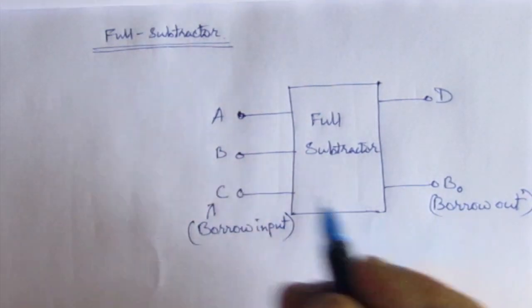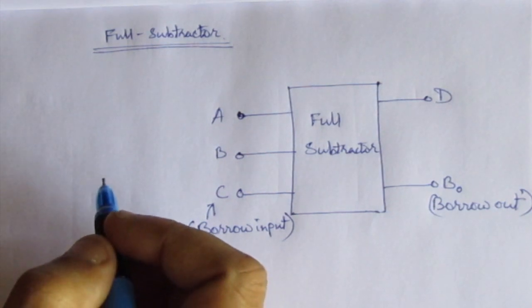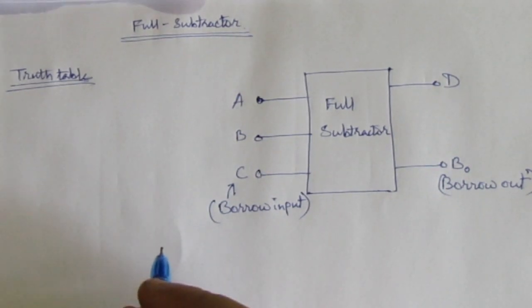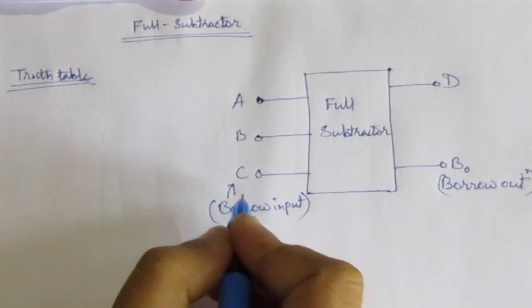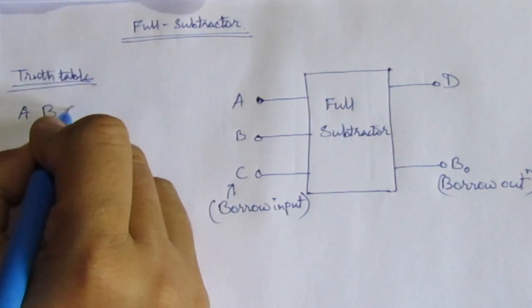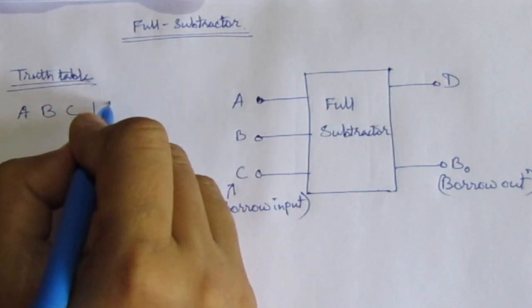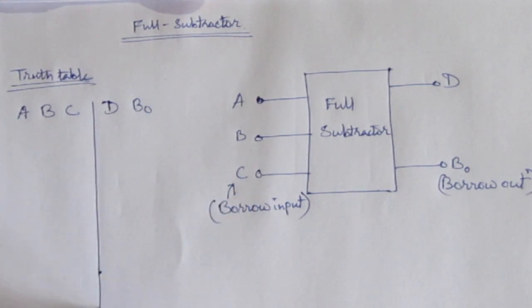Let us first make the truth table for the full subtractor. We have three inputs, A, B, and the borrow in denoted by capital C. So A, B, C are the three inputs, and we have the difference and borrow out.